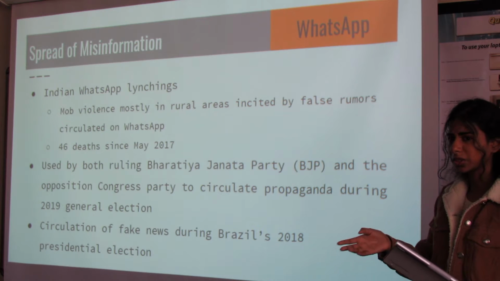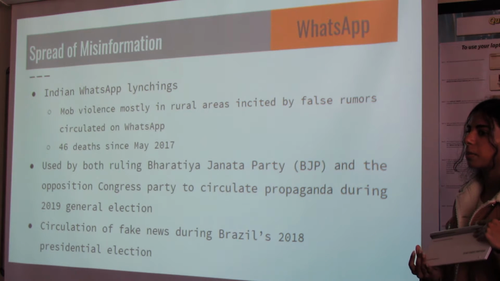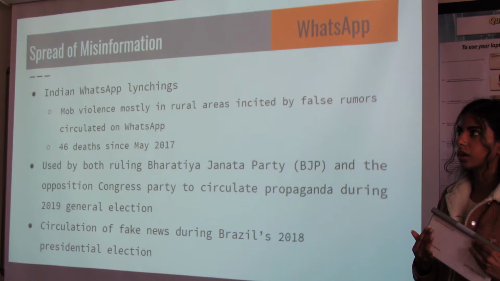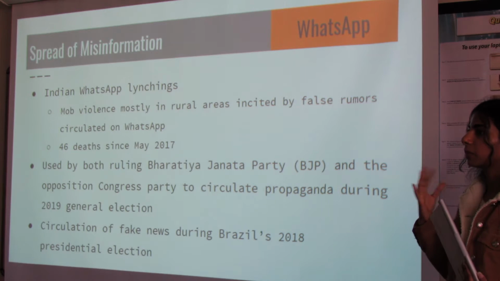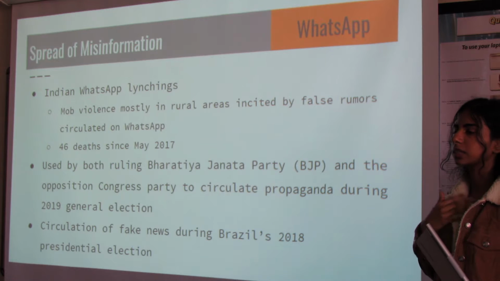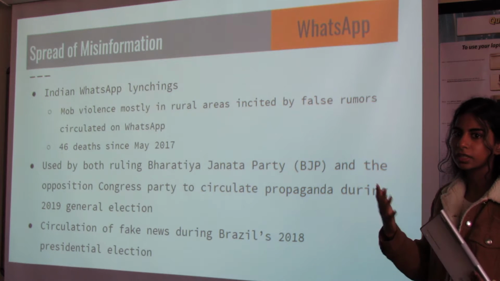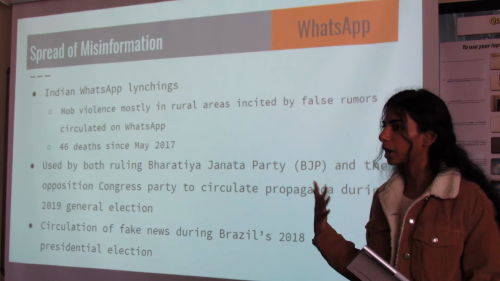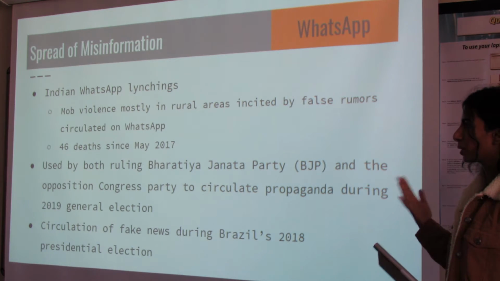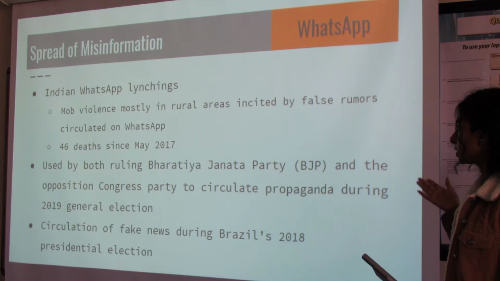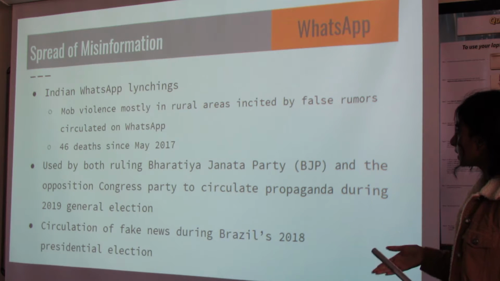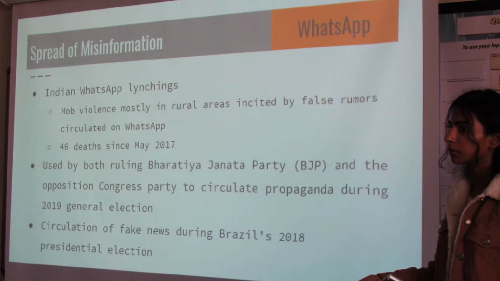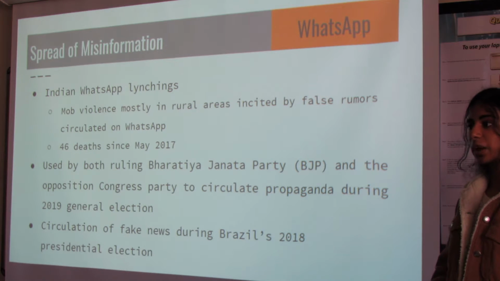It sounds a bit strange and bizarre, but really provocative, really graphic, disturbing rumors are spread through WhatsApp, and those prompt a lot of mobs to murder or lynch people, and this is usually in rural areas, and there's been 46 deaths since May 2017, which is a lot. You don't think of people getting lynched nowadays.